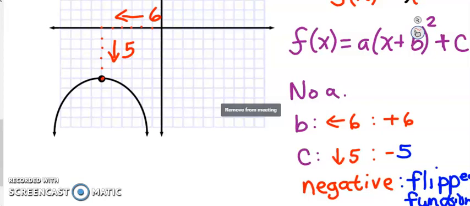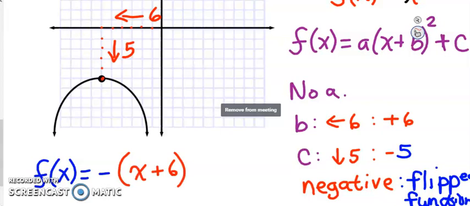All right, so with this, we'll do f of x equals negative, because the function flipped, and that goes in the front. There's no A, so x plus 6, which means it goes to the left 6, then -5. And that's our new function.